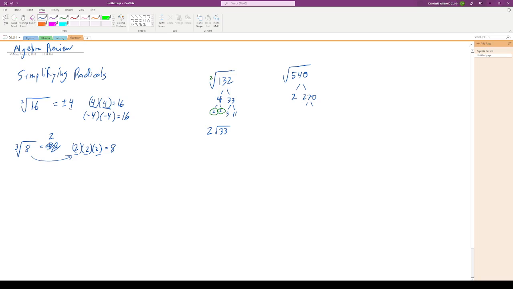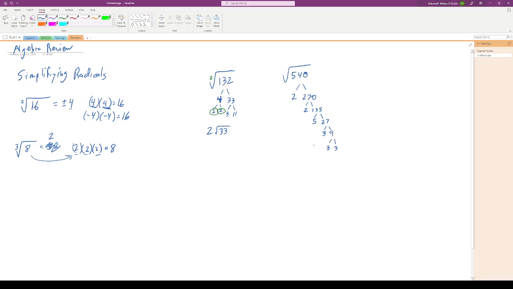But I'm just going to go ahead and stick with dividing by 2 because it's even. That's going to give me 135. This isn't even anymore, but it ends in 5, so I can divide that by 5, and that gives me 27. 27 is divisible by 3 and 9, and 9 is divisible by 3 and 3.